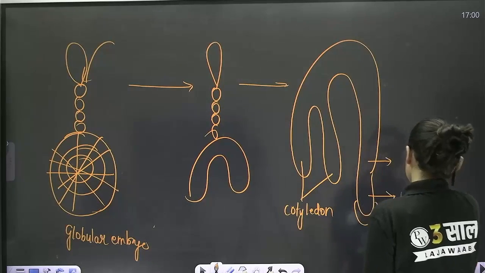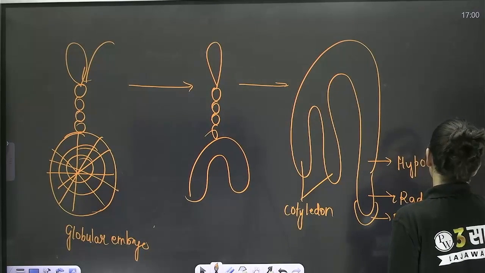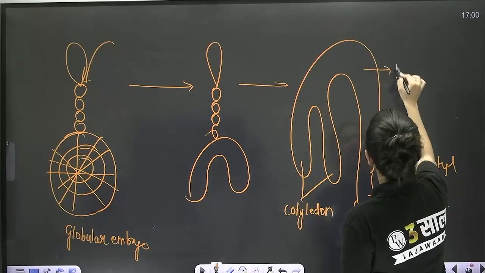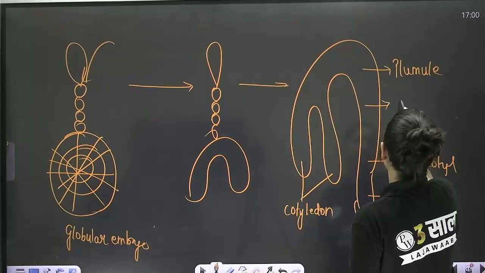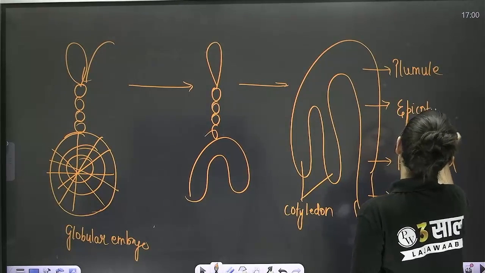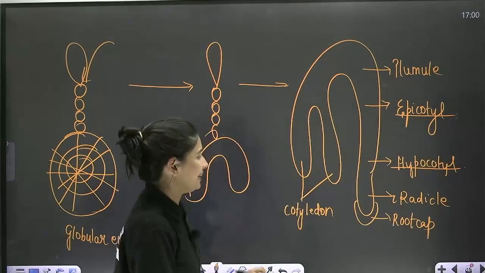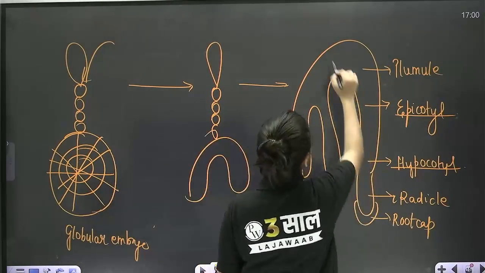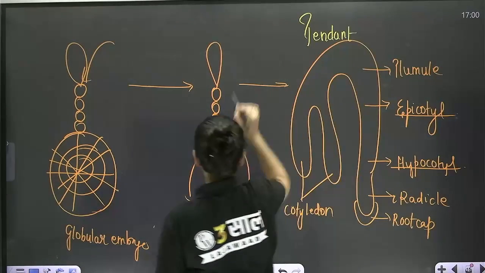The radicle arises from the axis called the hypocotyl. This is the plumule, which is later going to give rise to the shoot system, which arises from the axis called the epicotyl. Correct?